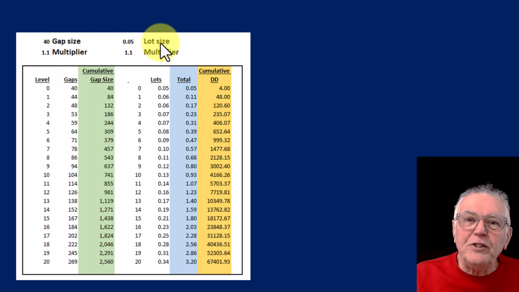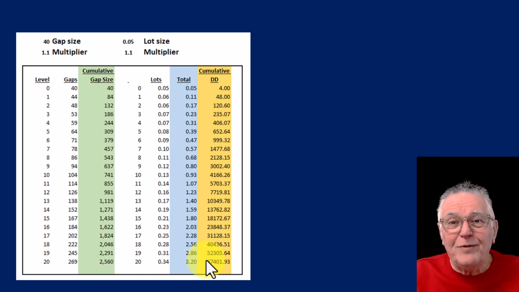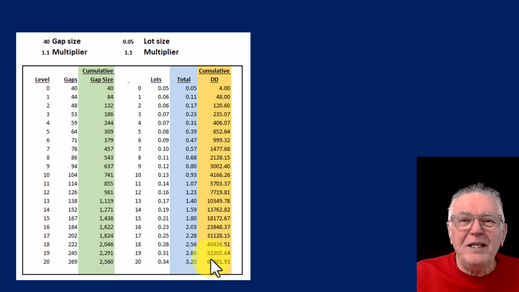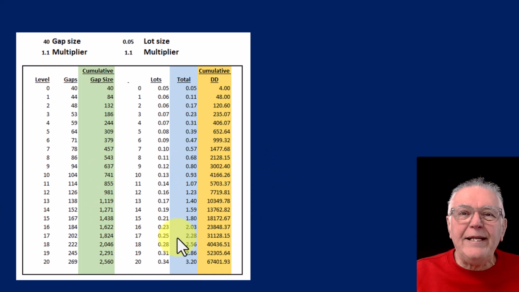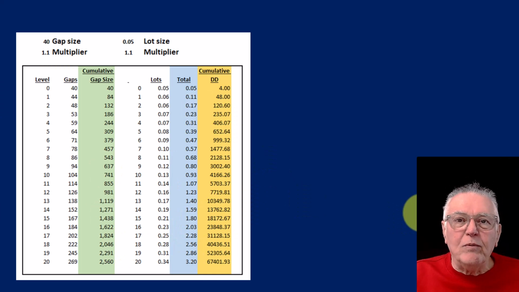Then you can put an initial lot size in and a multiplier on that, and it will calculate what the gap sizing would be and what the effect of drawdowns would be. That's quite important, depending on the account size that you're using. Quite a handy little model, and this again will be available in a couple of days.